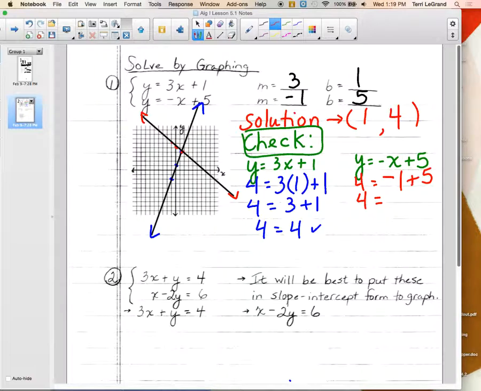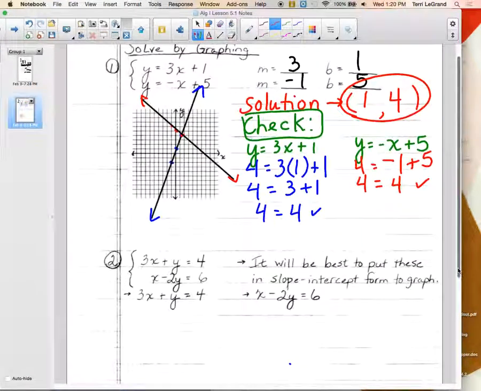Both, right? Legitimately is. -1 plus 5 is really 4. You'd be amazed what I see on student papers. So now we can say, feeling pretty confident that the solution is ordered pair (1, 4). Okay, questions about that one?